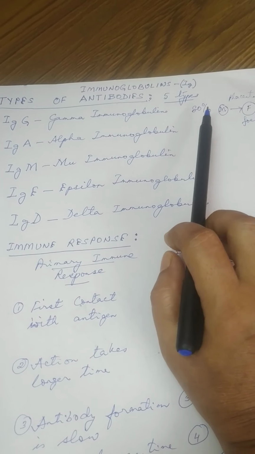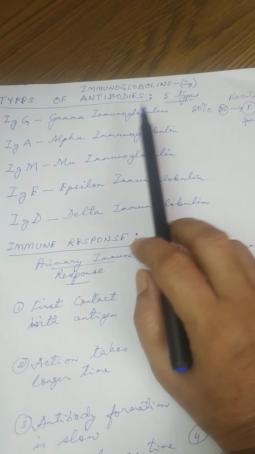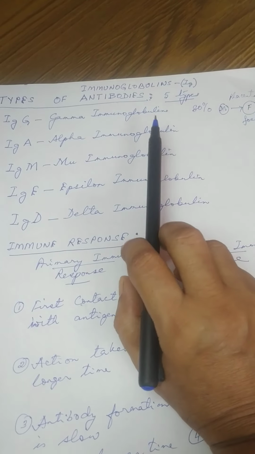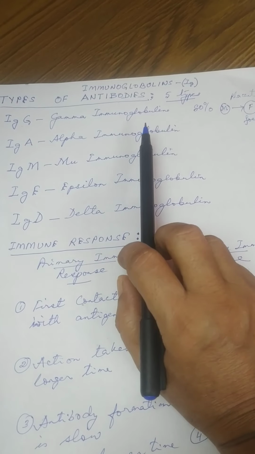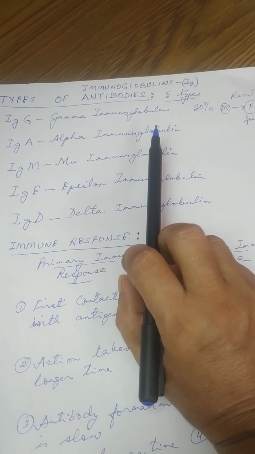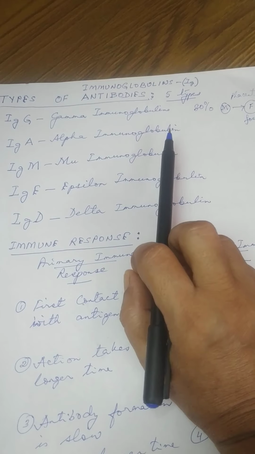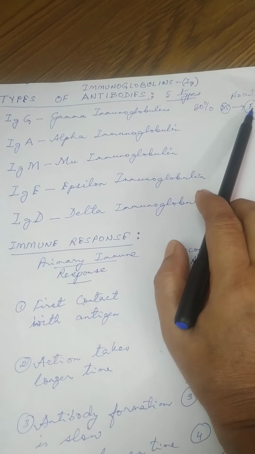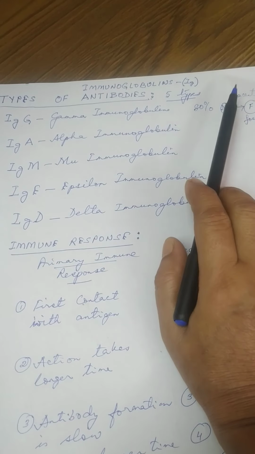Okay. So this gamma immunoglobulin constitutes 80% of the total antibodies present in our body. And this kind of immunoglobulin is very important, and it passes from the mother to the fetus or to the newborn baby through the placenta.